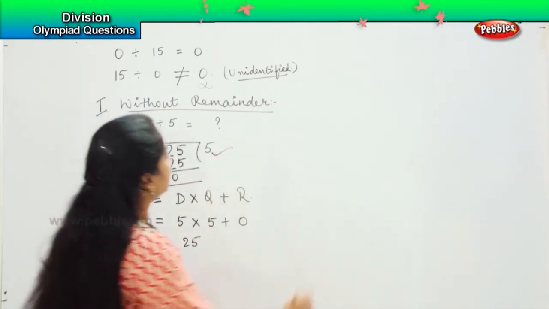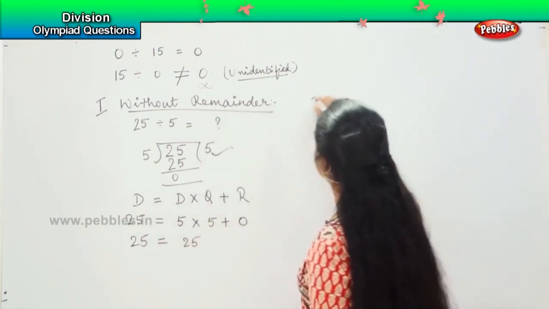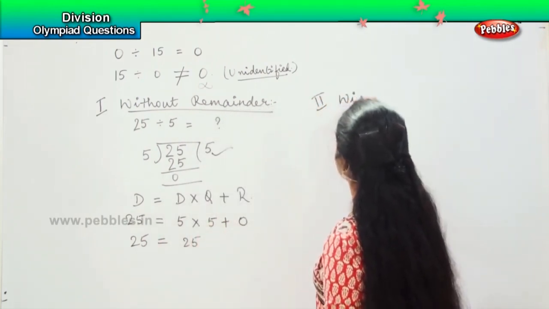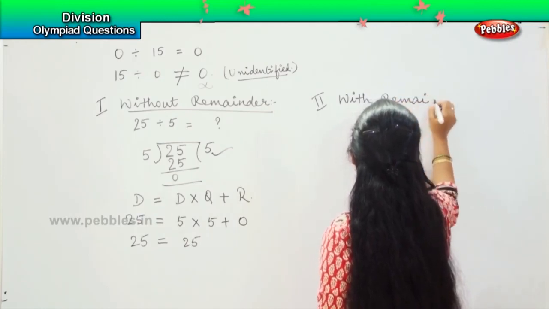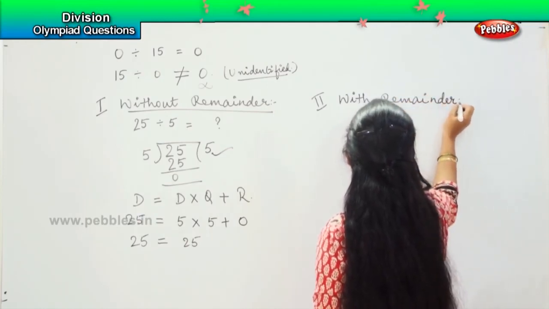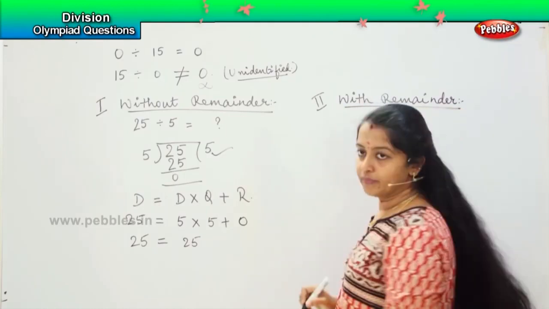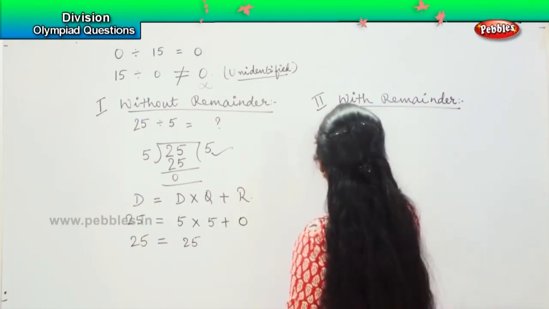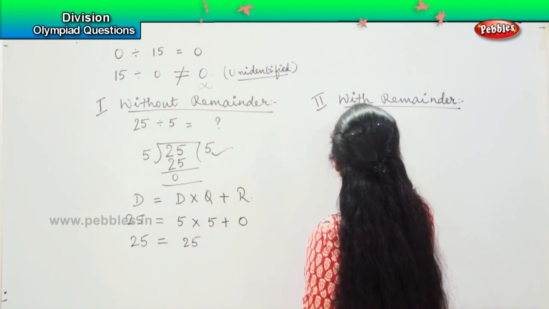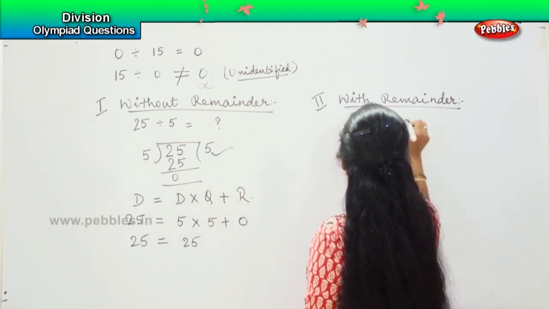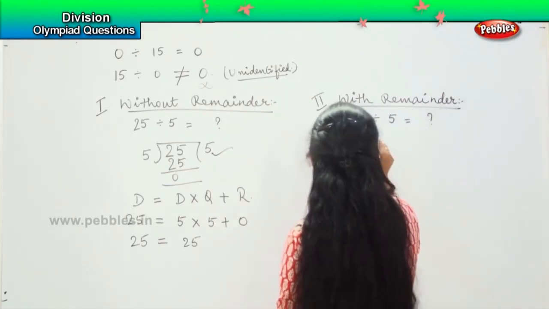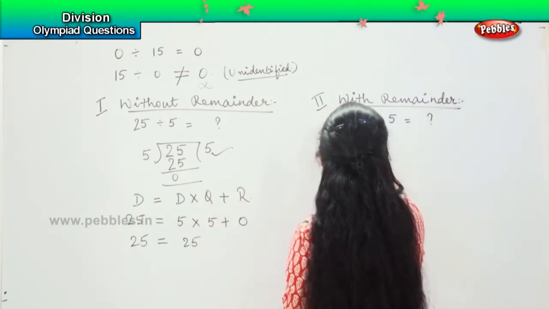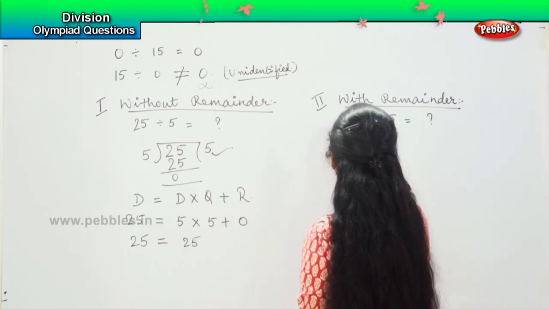Now, the next one is with remainder. The question is, say, 36 divided by 5 is equal to what? We will try to solve it. 36 divided by 5.